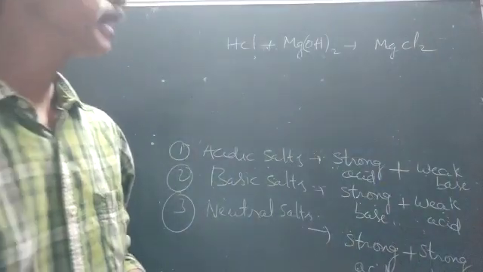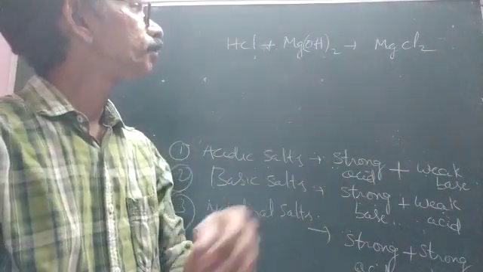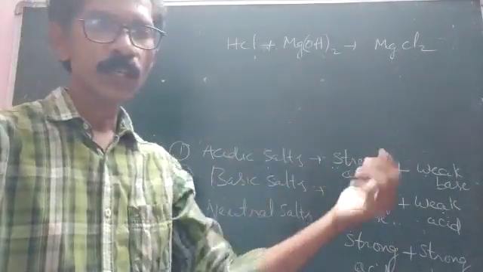So magnesium chloride is an acidic salt.